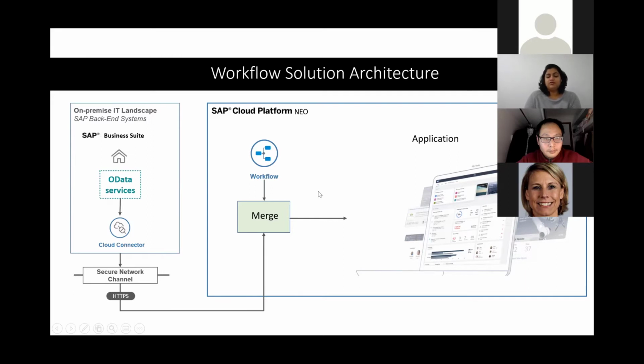And of course, we are working with the Neo. So we have the Fiori Launchpad on the SAP Cloud platform, and the workflow is in the cloud platform. All the data that we are trying to stage is in the workflow.